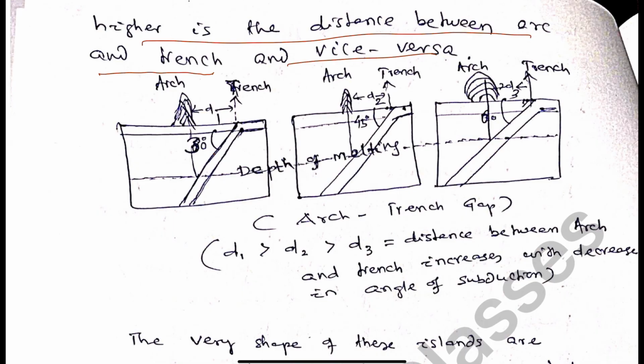If the angle is 30 degrees, D1 will be highest. Angle 60 degrees, D3 will be lowest. So D1 is greater than D2, and D2 is greater than D3. Lower the angle, higher is the distance. The distance between the arc and trench increases with decrease in angle of subduction.